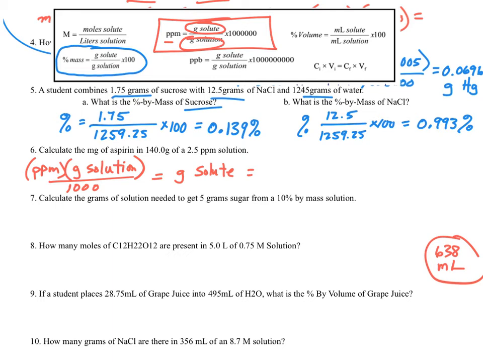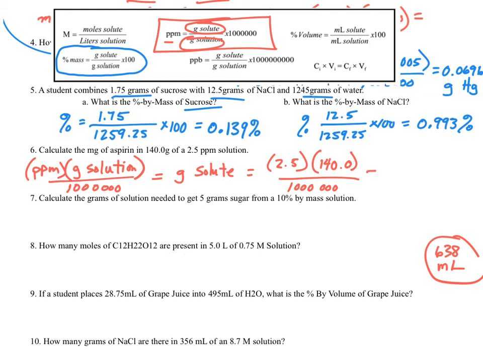All right, parts per million, they tell us is 2.5. The grams of solution, they tell us is 140.0 divided by 1 million. Oops, I forgot a few zeros over here.